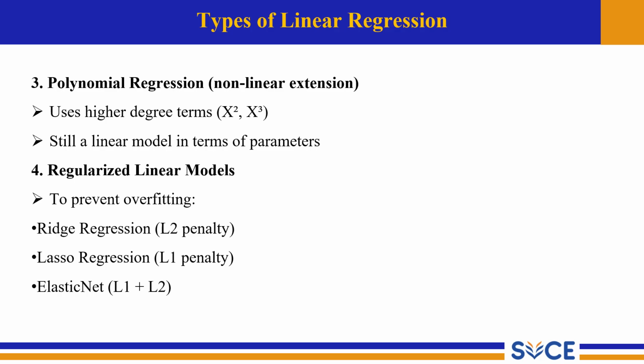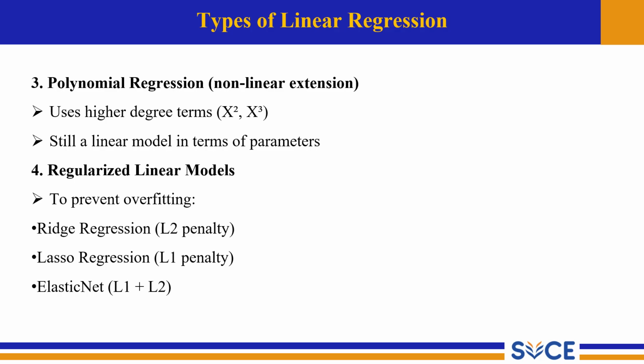The second category is regularized linear models, which help us handle overfitting, especially when we have many features or noisy data. The idea is to add a penalty term to the cost function so the model does not rely too heavily on any one coefficient. There are three major types: ridge regression, lasso regression, and elastic net. Ridge regression uses an L2 penalty. This shrinks the coefficients but never drives them completely to zero.